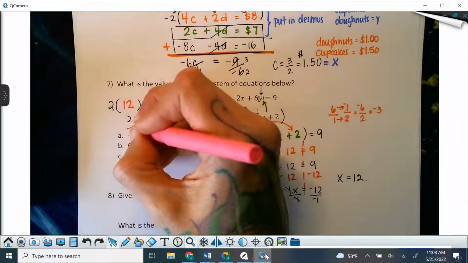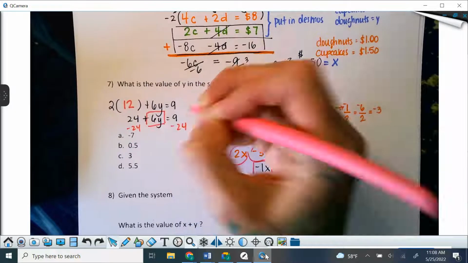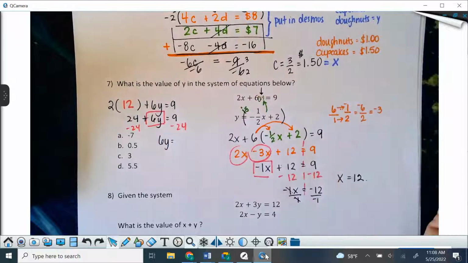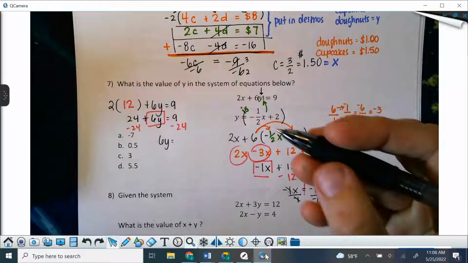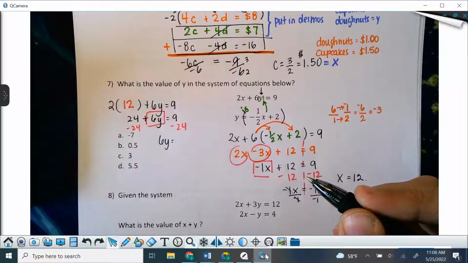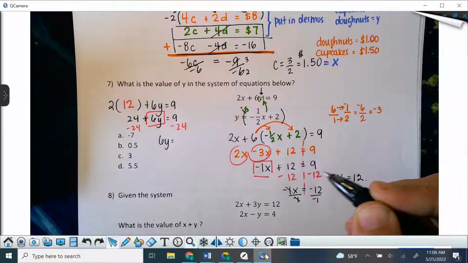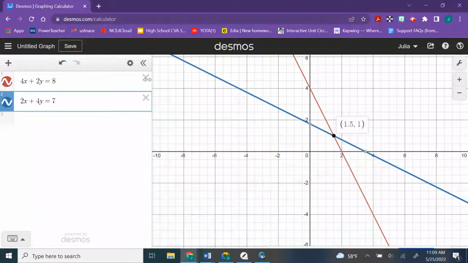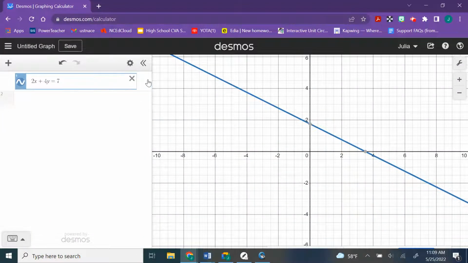Yep. So we're going to minus 24, which is going to give me 6y equals 9 minus 24. Uh-oh, something's not right. A negative 15 divided by 6 is not going to give us any of those answers. So we're going to go check our math.